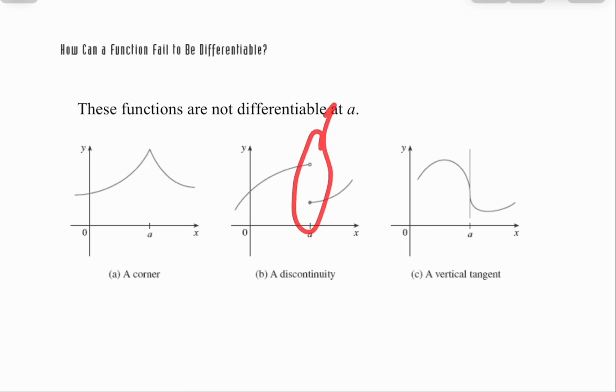If it's discontinuous, obviously not. And it might be undefined just because we have a vertical slope of our tangent line. The slope of the tangent is the derivative. So if we have a vertical tangent line, then that slope is undefined. So the derivative would be undefined.